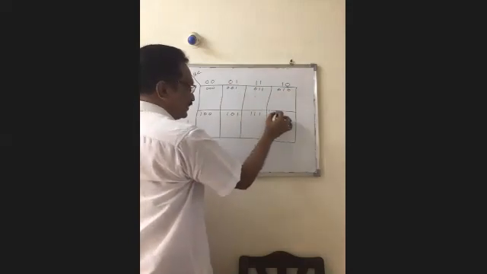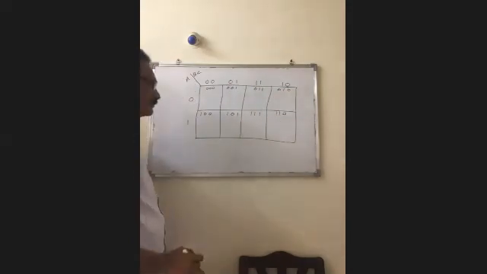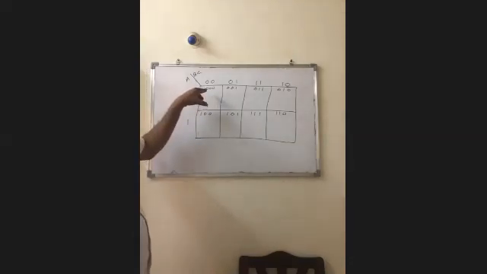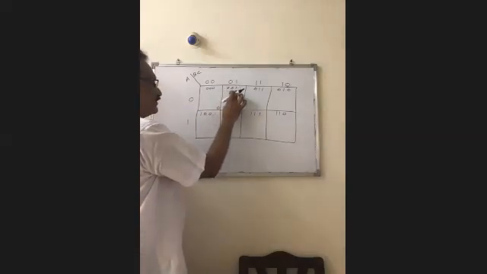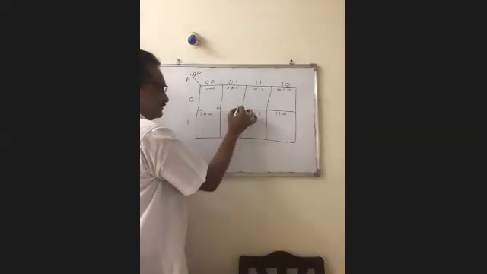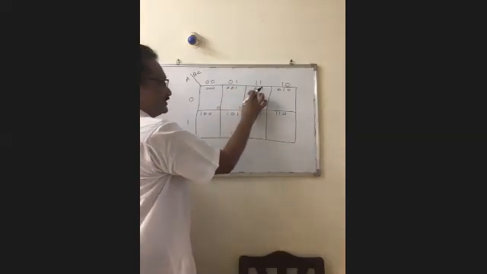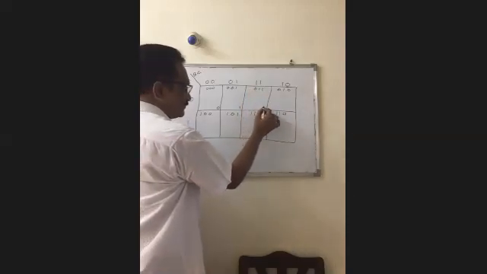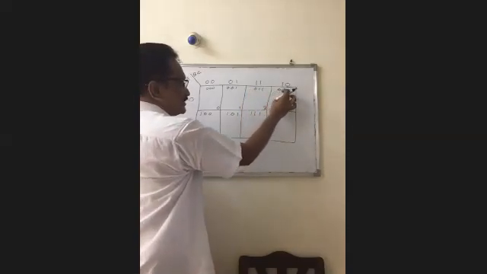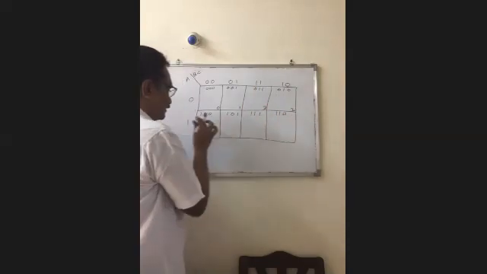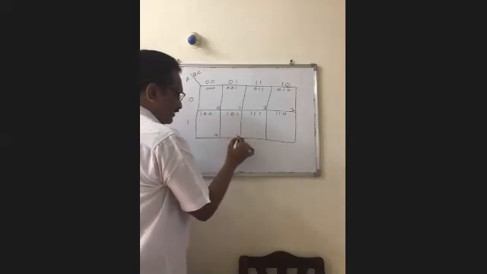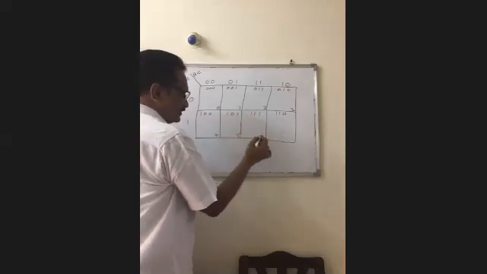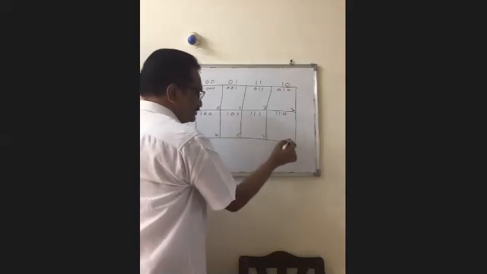For that one 1 1 0. What is the decimal equivalent for this one? 0 0 0, 0. 0 0 1, 1. 0 1 1, 3. 0 1 0, 2. 1 0 0, 4. 1 0 1, 5. 1 1 1, 7. 1 1 0, 6.